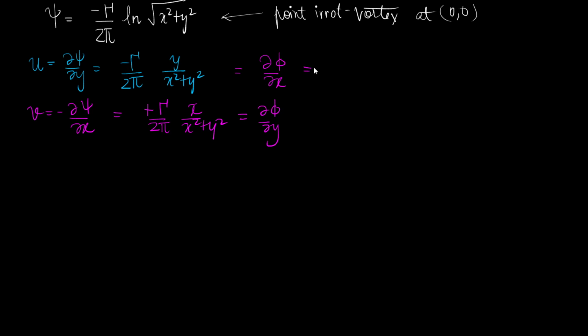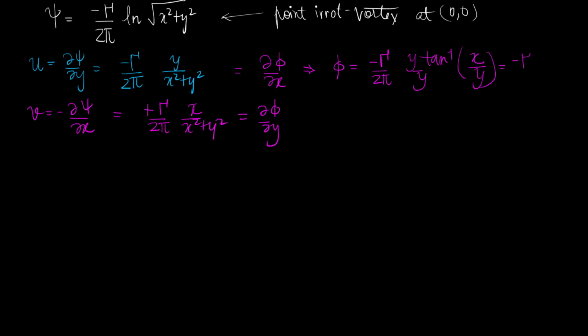So we will obtain phi is equal to minus gamma upon 2 pi times y, so this will be tan inverse x upon y.